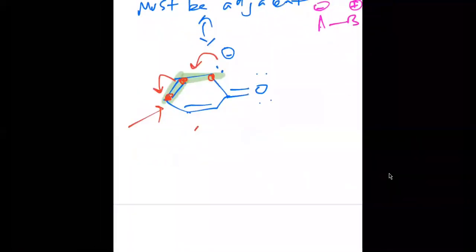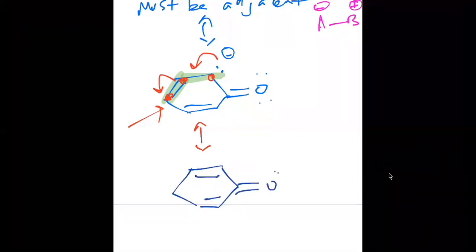So what does that resonance form look like? I'm going to give you a rule of thumb too about how to determine when to stop, because that's always a question. How do we know when to stop? I'm going to show you. So what would that look like? That new structure. It would be a double bond at the top. So a double bond right here, good. One right here. The double bond is still to oxygen, yes.